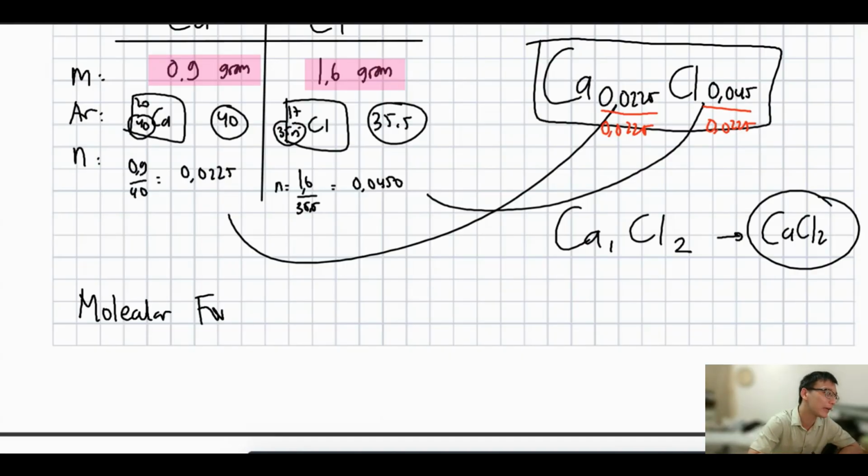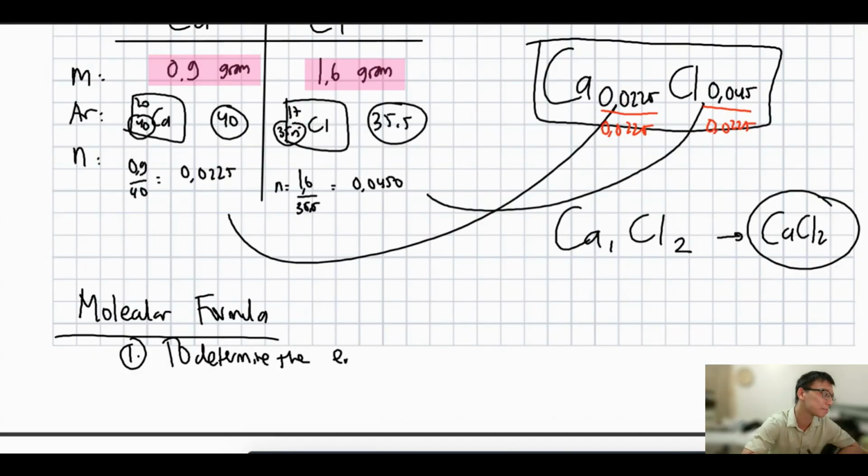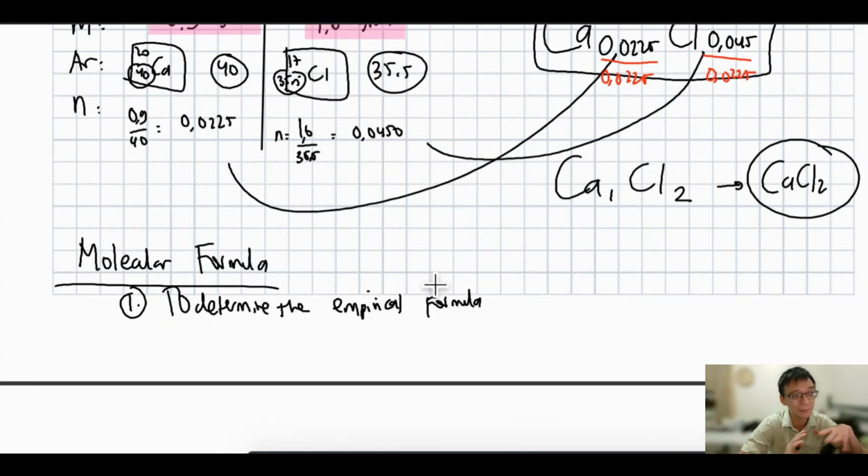So in order to find the molecular formula, there are some steps. So the first step is to determine the empirical formula first. In order to find out the real formula of a molecule, you need to find the simplest building block first, which is the empirical formula. After you get the empirical formula, you can start to find the molecular formula.